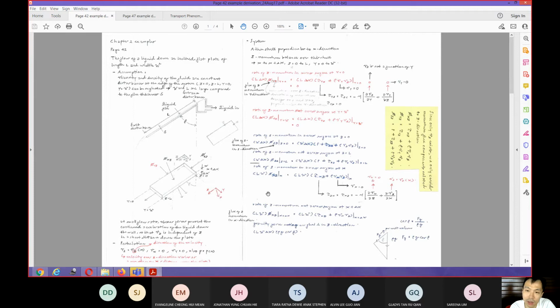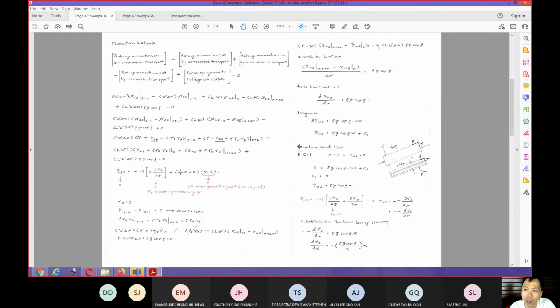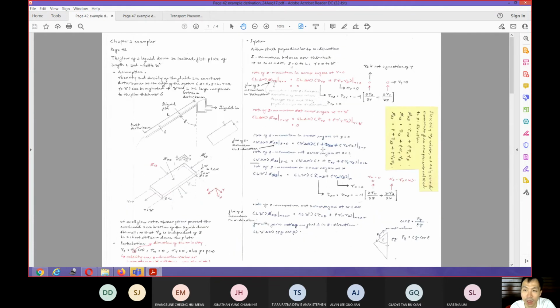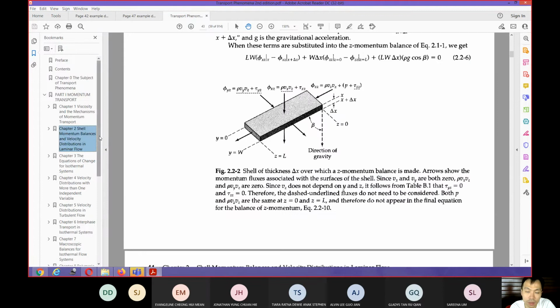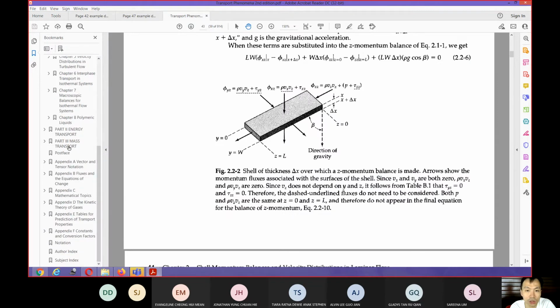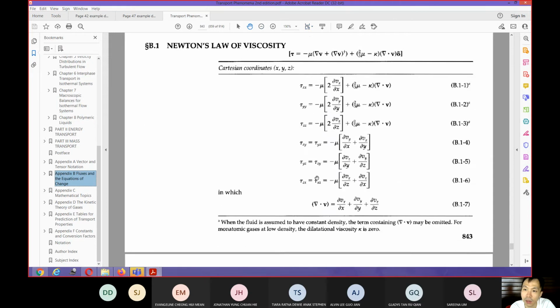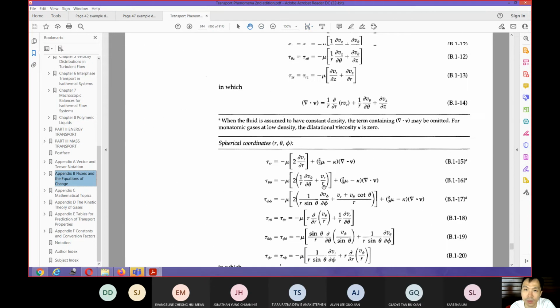In this example, we are focusing on Cartesian coordinates to give a clearer example of how you apply those principles, how you make your postulations, and how you connect your postulations with the generalized Newton's law of viscosity that we discussed in Appendix B for the different coordinates.